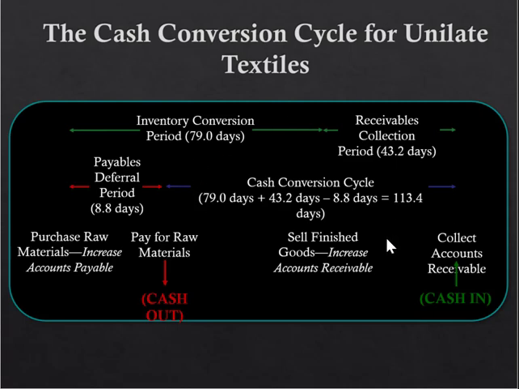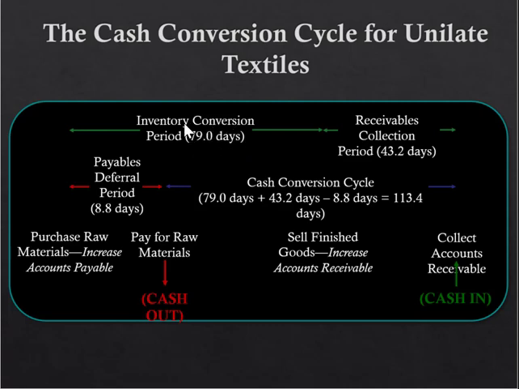So when we go back and think about early in the course where we talked about Unilate and how they're performing, one of their challenges is they're having a really tough time converting inventory to cash. Some of that is in receivables. This should normally be 30 days or less. Inventory conversion, 79 days is extremely long.